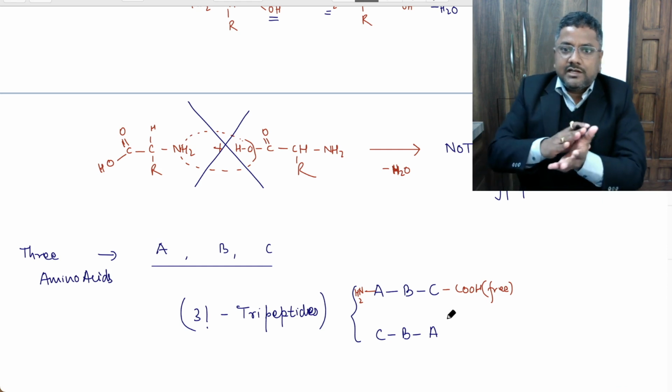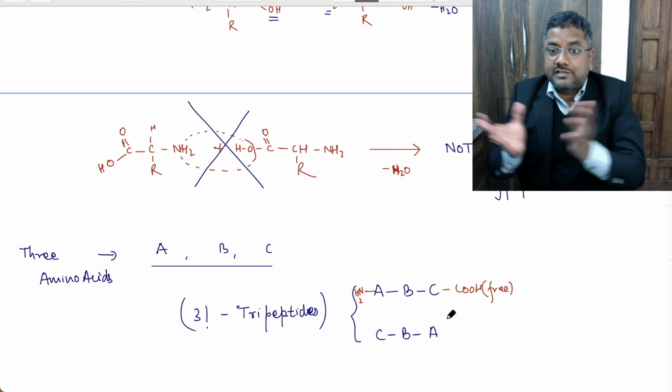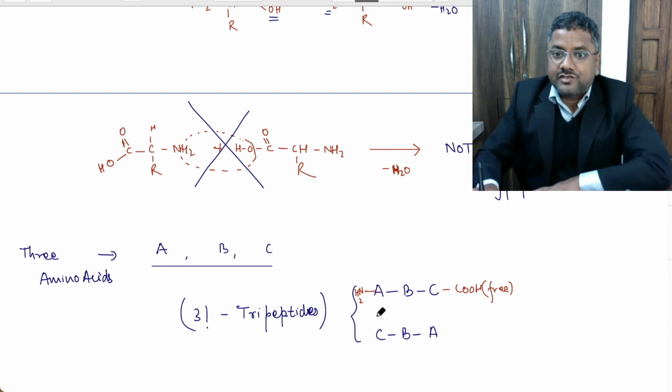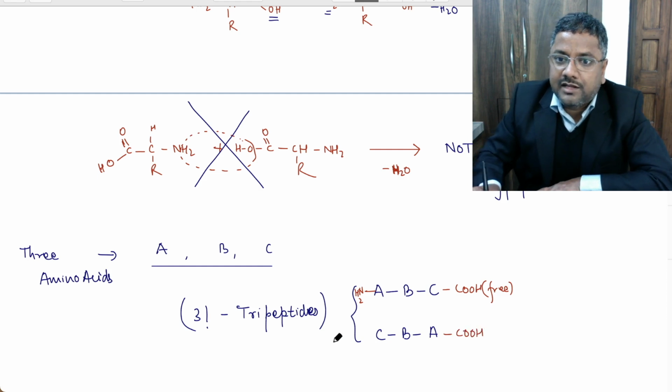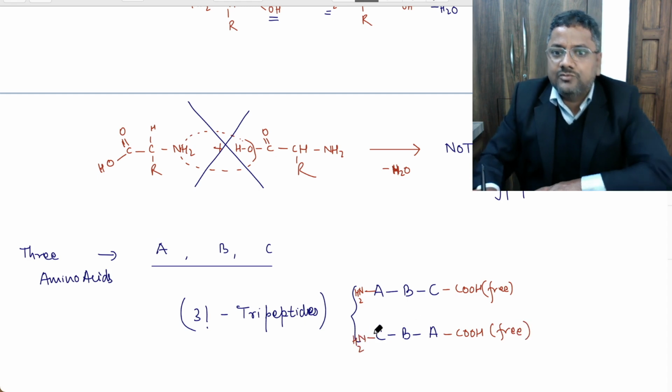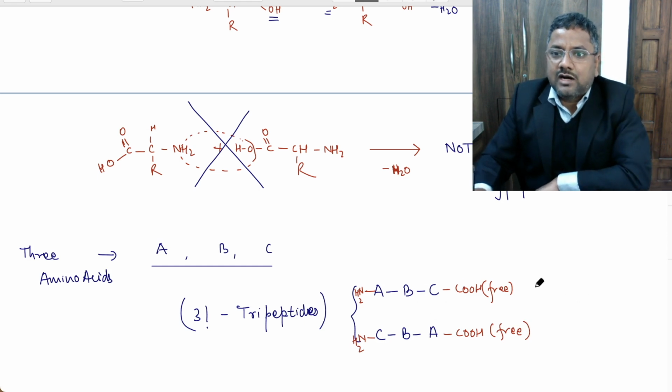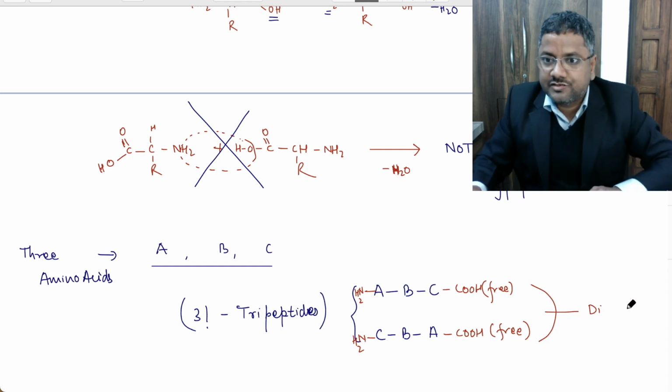So which NH2 of which is where and which COOH of which is here makes the difference. So here the COOH of this is free, A is free, and here the NH2 of C is free. If you see carefully, these two are different, not the same. Different sequence.